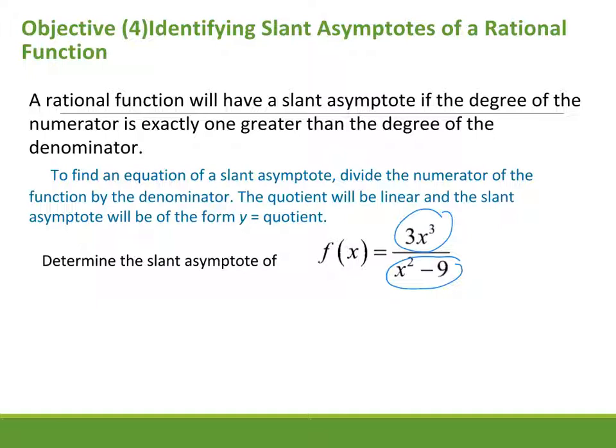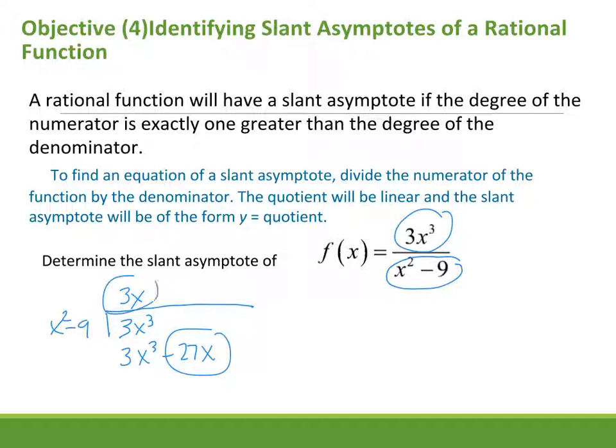So in this particular case, we have x squared minus 9 and 3x cubed minus 27x. Well, this is not going to be important.